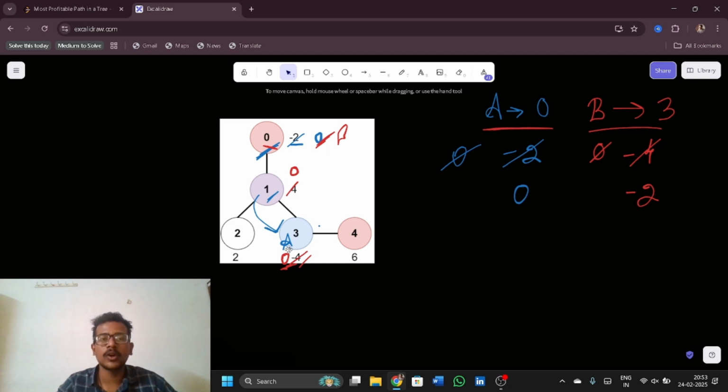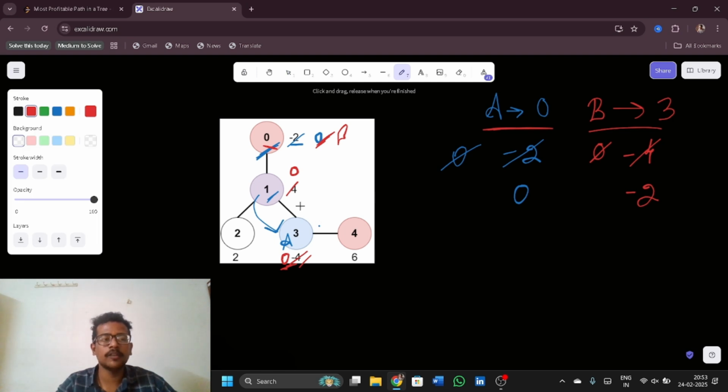Now Alice have to go to the leaf node. Now, the only leaf node which is present adjacent to Alice is 4. And if he go to node 4, then he would get a profit of 6. So if I add this profit, it would become 6.